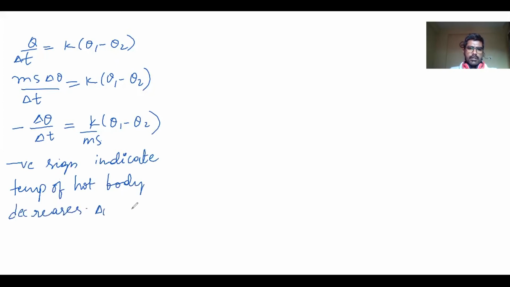Delta theta is the decrease in temperature of the hot body, and delta T is the time interval.